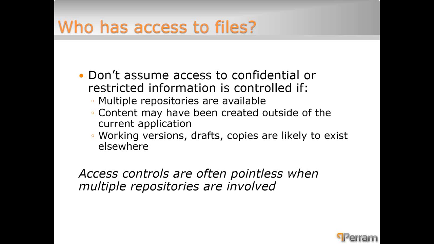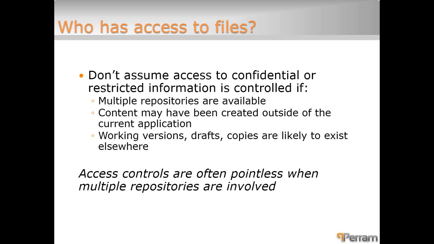So to be able to feel confident in our ability to actually control access to content that is confidential or restricted means we need to get a much better view of how content is being created through its whole life cycle. What systems are involved, who has access to the content at different points in time, so that when we do apply access control, we can feel confident that things are protected.